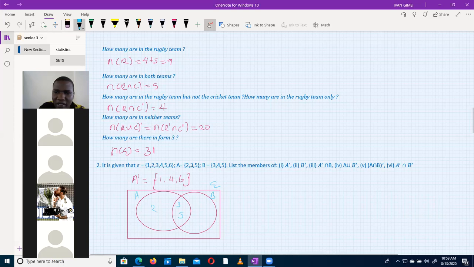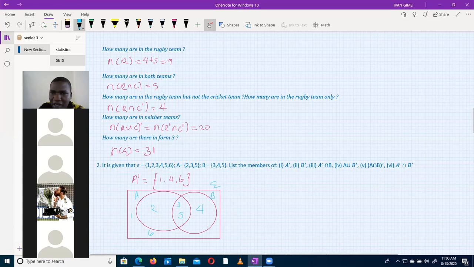What is in B only? We have 4. Now, which elements are in the universal set but not in these ones? We have 1, it has not been repeated anywhere. 2 is here, 3 is here, 4 is here, 5 is here. We have 6. Those are the 2 elements outside, we put 1 there and 6 there.